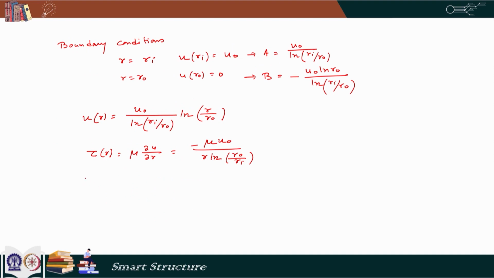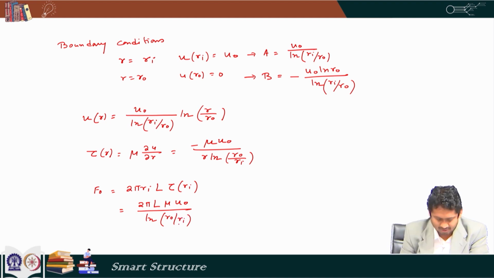So, that gives me that the force F 0 is 2 pi r I multiplied by tau evaluated at r I, and that gives me 2 pi into L into mu into u 0 divided by the natural log of r 0 by r I.